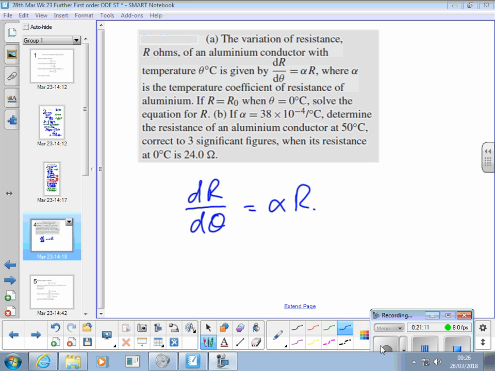So that's what alpha represents, a constant for the material. If R is equal to R0 when theta is equal to 0 degrees C, solve the equation for R.